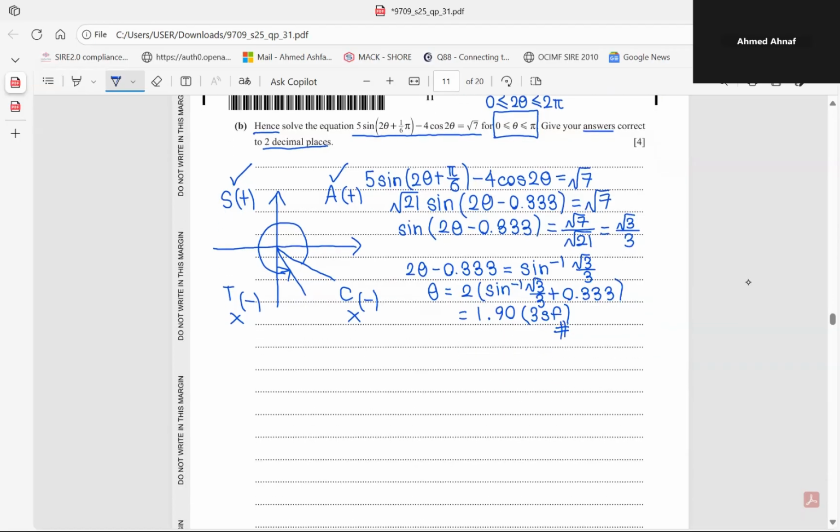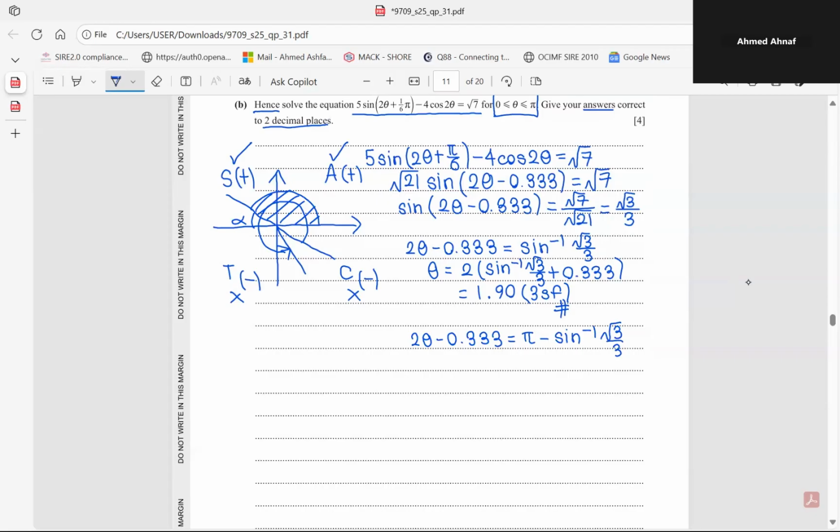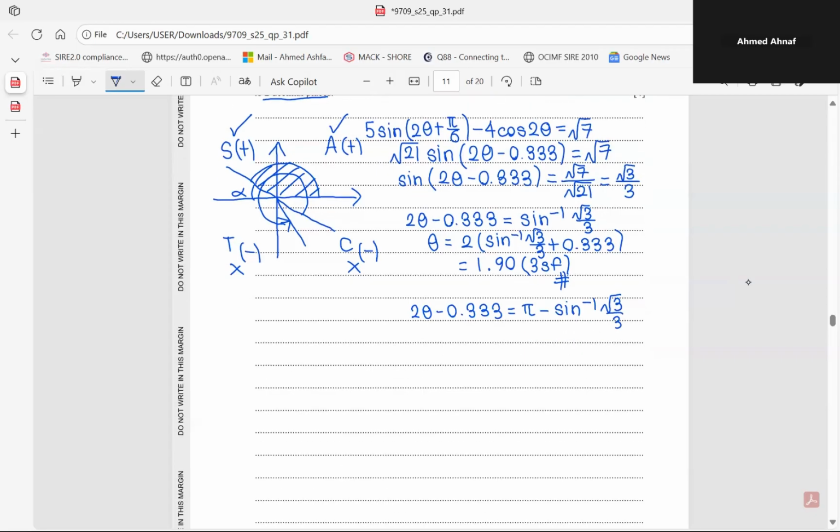For our second answer, it would be in the second quadrant. In order to find the angle in the second quadrant, we have to take π, which is 180 degrees, minus the basic angle, which is sine inverse of √3 over 3. This is your basic angle alpha, and the angle that I shaded is the one we're going to find. So isolating for θ.